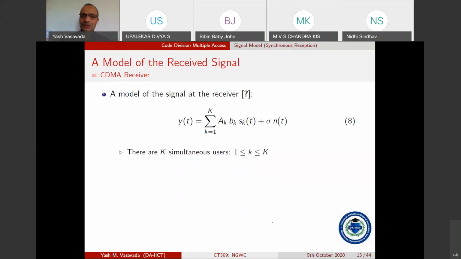You receive the first user in the first time window. That time the second user is not transmitting, so obviously that user cannot interfere. Then you go to the second user. That time the first user has been asked to not transmit. So again, you are receiving the second user independently and on its own.